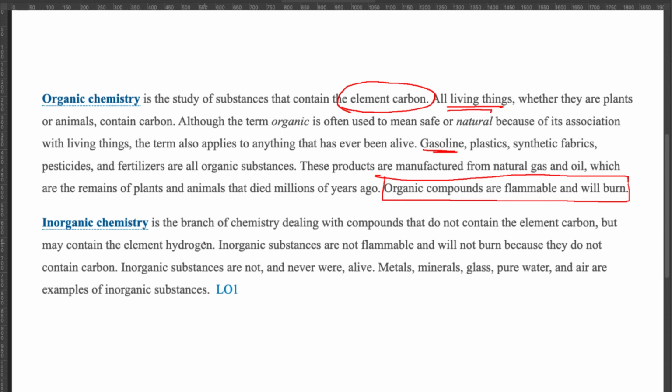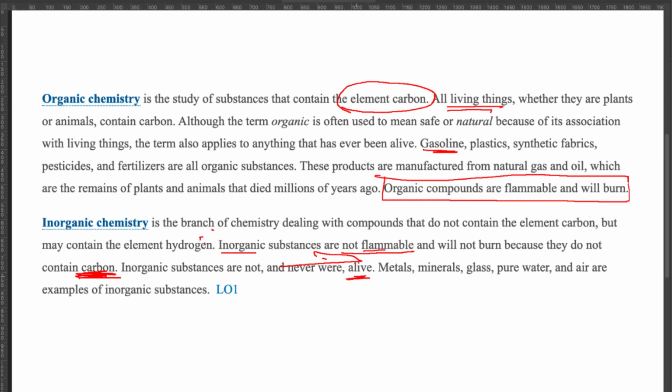And then in organic chemistry, we talk about how inorganic substances are not flammable. In contrast to organic, inorganic are non-flammable and will not burn because they do not contain the carbon. And so carbon is an essential element in that combustibility. So inorganic substances are not and never were alive.